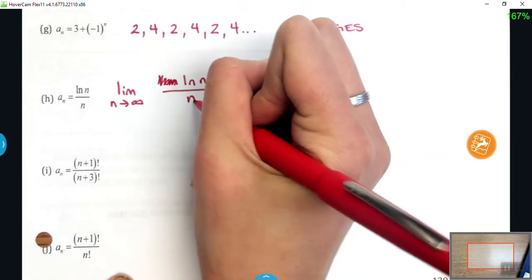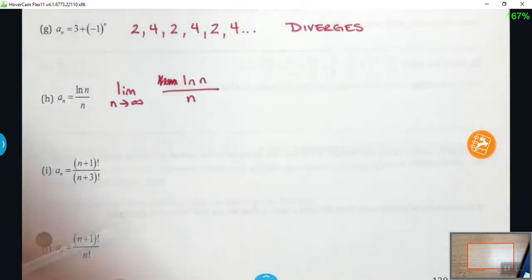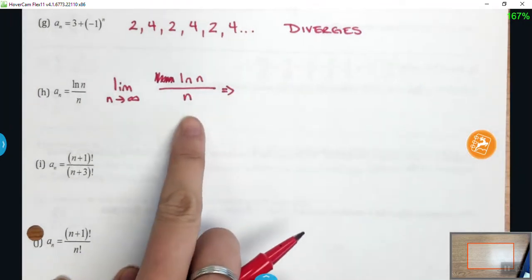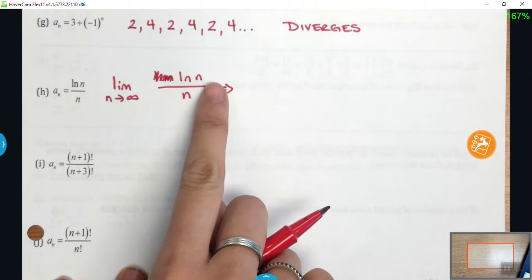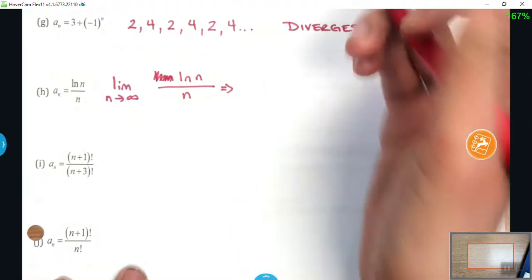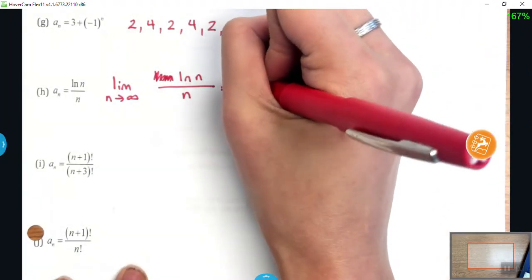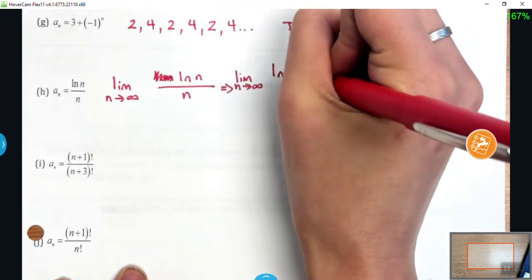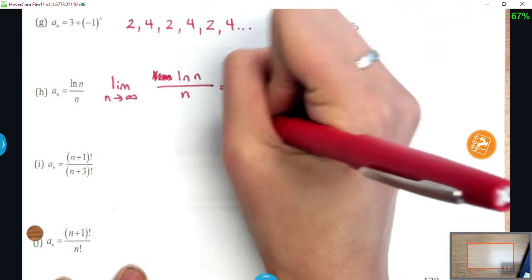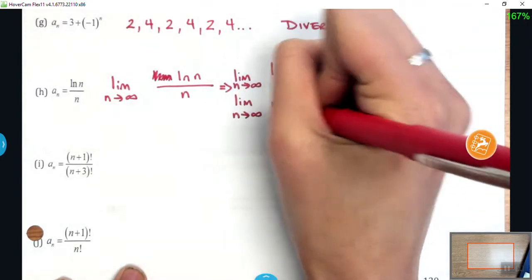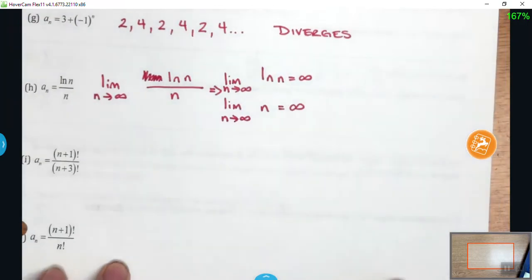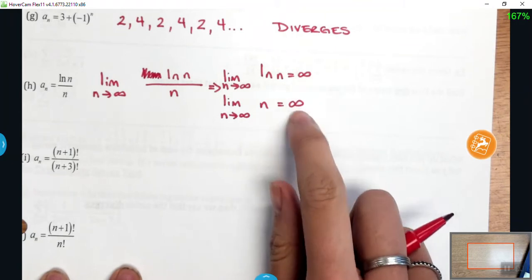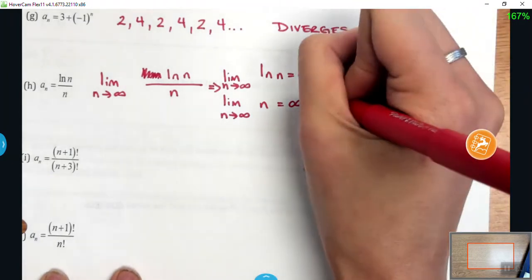Isn't the bottom bigger though? It'll be slightly bigger, but for this one, if we plugged in infinity, it would be infinity over infinity. So in order to use L'Hopital's, since it's infinity on the top and infinity on the bottom, we're going to use L'Hopital.